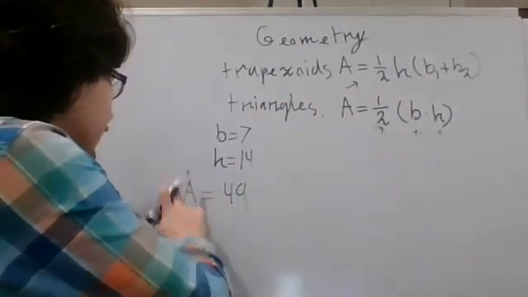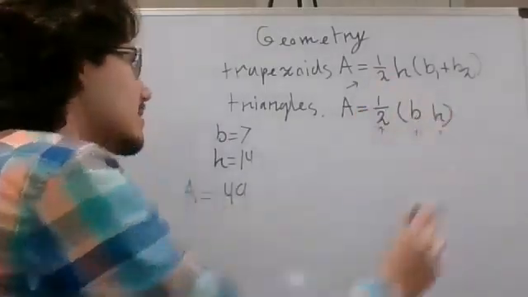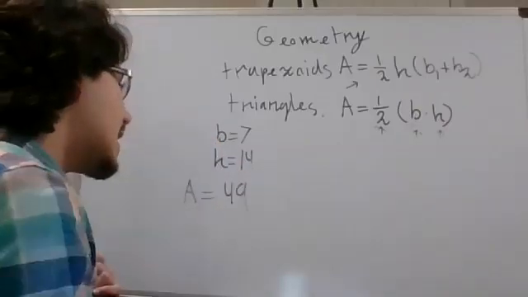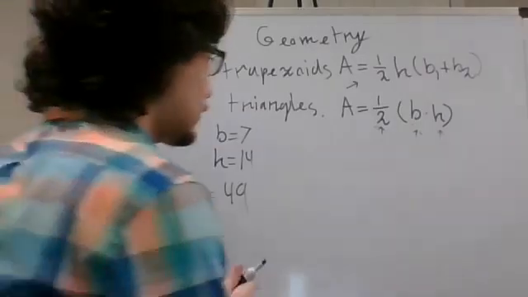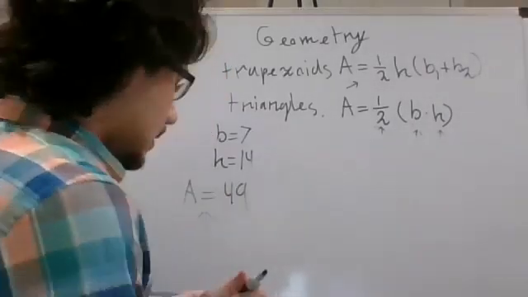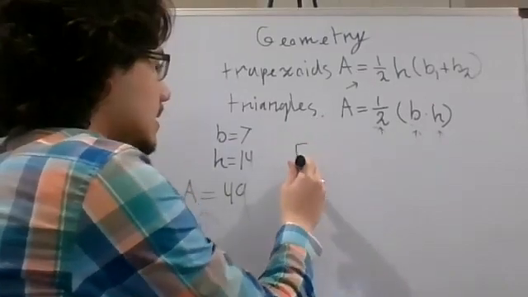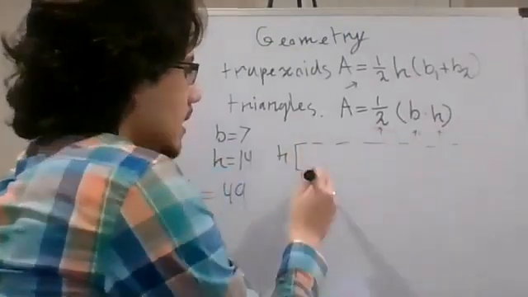We did this by putting our base and our height into the equation. So what we are saying here is that because the area of a triangle is 1/2 base times height, if a triangle has a base of 7 and a height of 14, then this must be true. So let's say that this is our height. Let's measure it across.